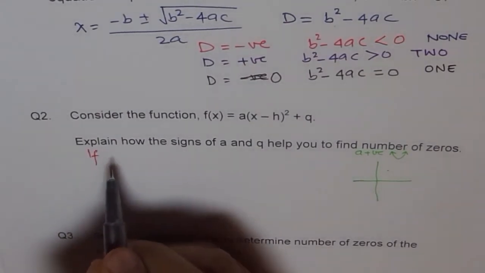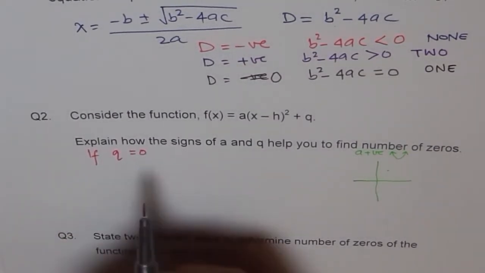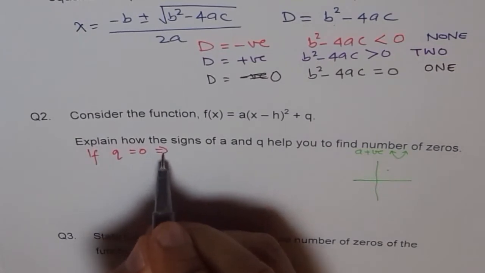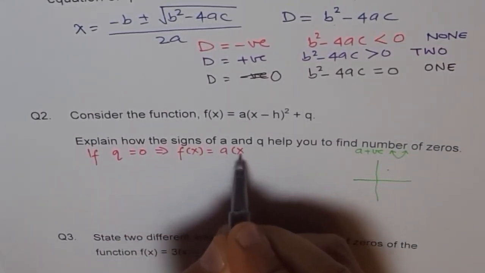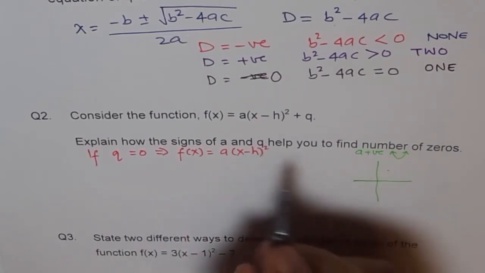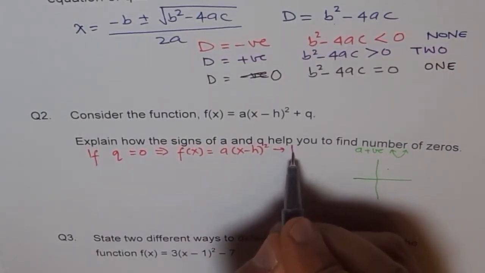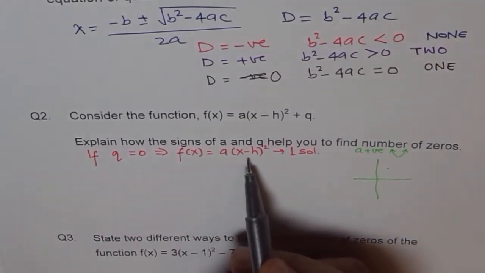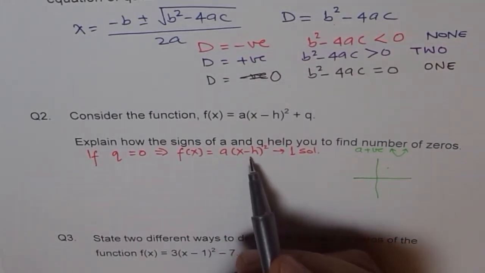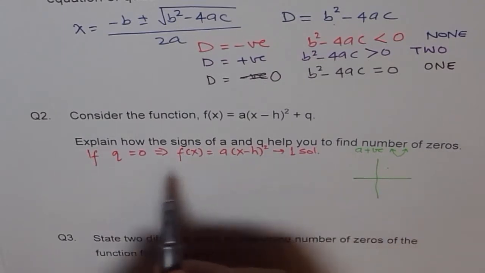If q equals 0, then this implies f(x) equals a times (x minus h) whole squared, right? And this leads to one solution. Is that okay? Correct, because the vertex is really on the x-axis, right? At (h, 0), right? This vertex is where?